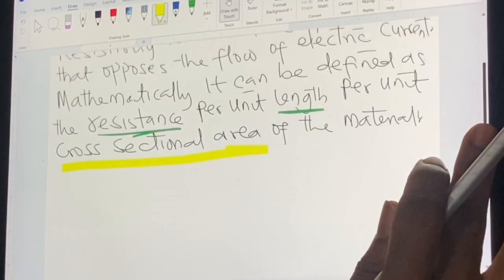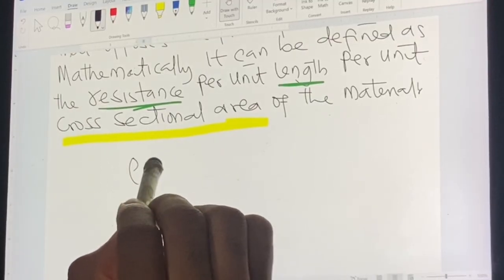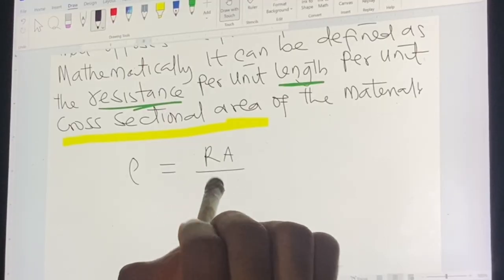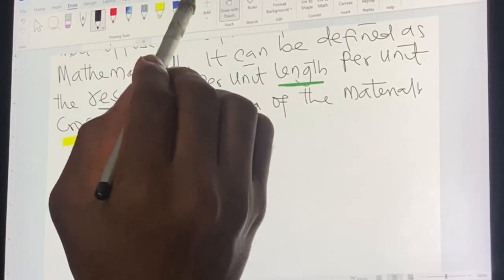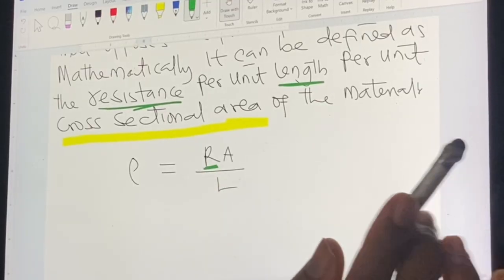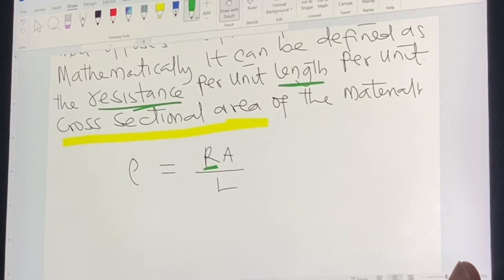Okay, so mathematically here, resistivity rho can be defined as RA over L, where R represents resistance. Please take note of this. There is a difference between resistance and resistivity.